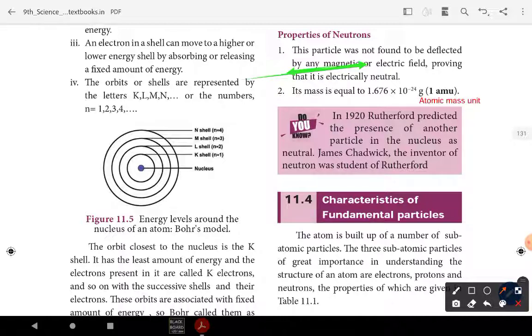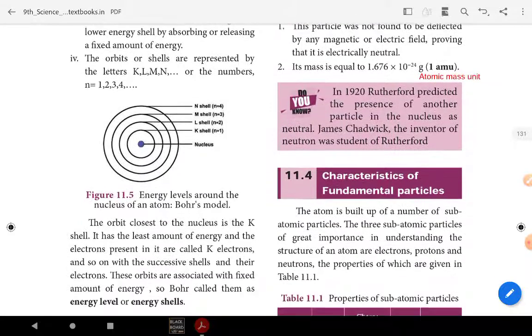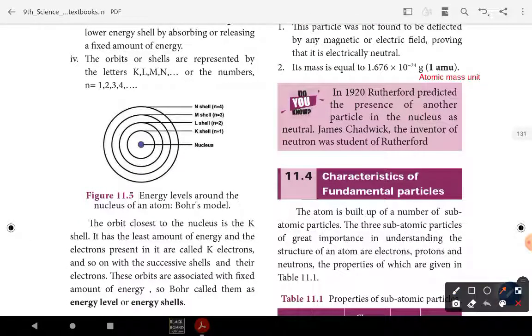When it is passed through a field, it was not deflected. Suppose a neutron is going, let me show you here. The neutrons keep on going. You understand? It is not deflected.